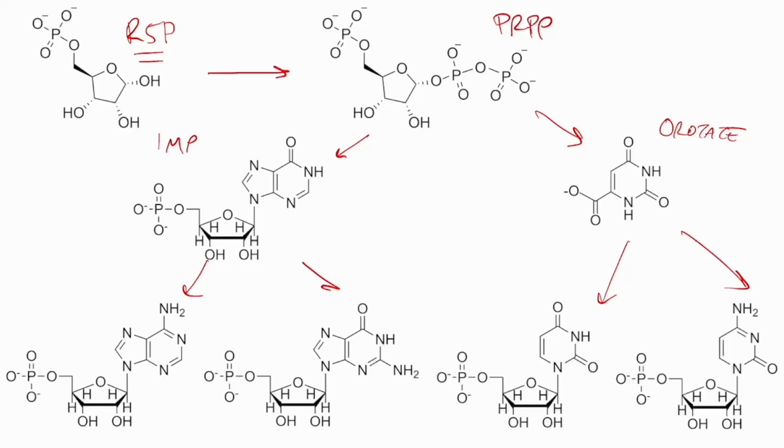So at the very highest level, this is the big hierarchy: we all start at R5P, we go to PRPP, and then this is our first branch. We go to IMP or orotate, and from there we can go into the different bases. So we can go into A, we can go into G, or we can go into U, or we can go into C.